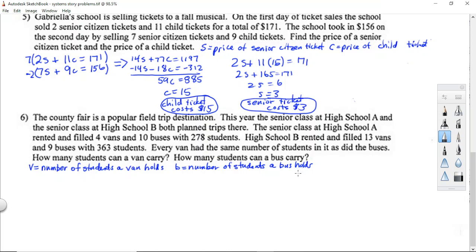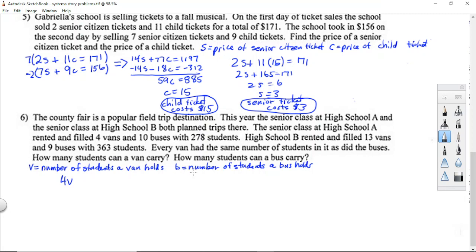And we hope we will get 2 equations, one from each of the high schools. So High School A, let's see, 4 vans and 10 buses and 278 students. That will let us do an equation because we have a variable V, which is the number of students in each van, and there's 4 vans. So 4V is the number of students that fit in the vans from that high school. There's 10 buses.